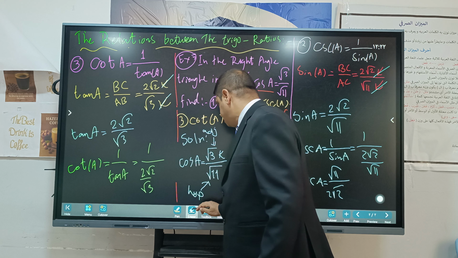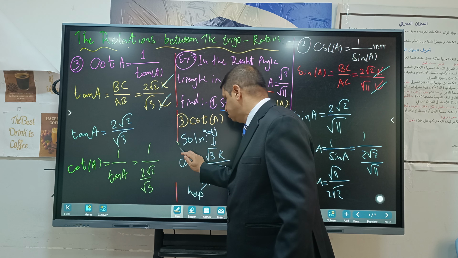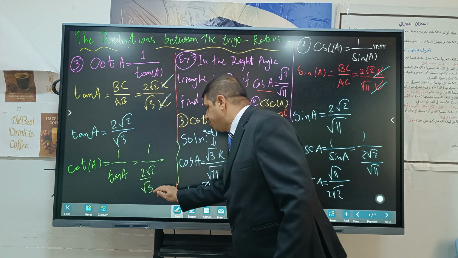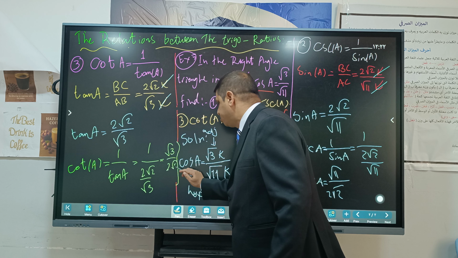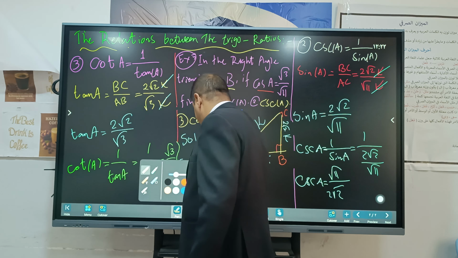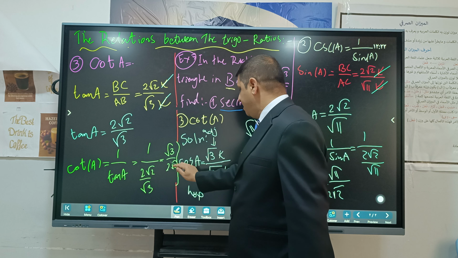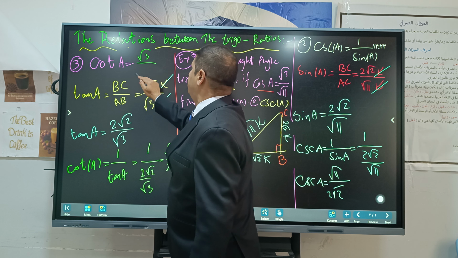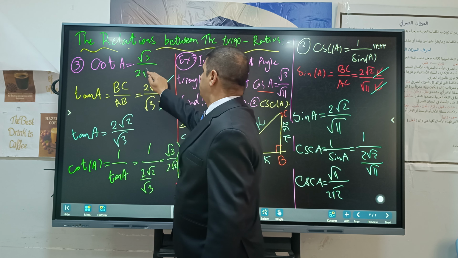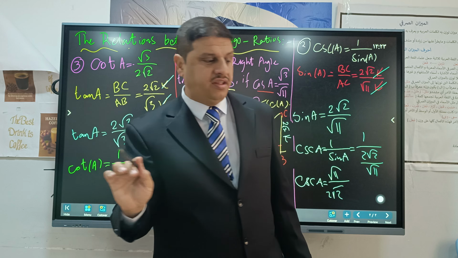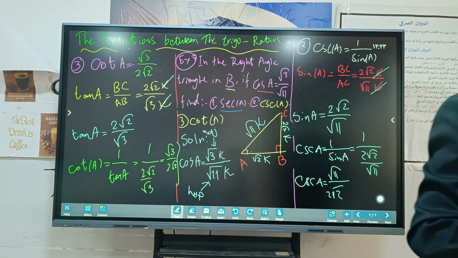I mean it equals square root of 3 times 1, square root of 3 over 2 square root of 2. I've got cotan of A equals square root of 3 divided by 2 square root of 2. And here are the final results for these questions. Let's move to another question, dear students.